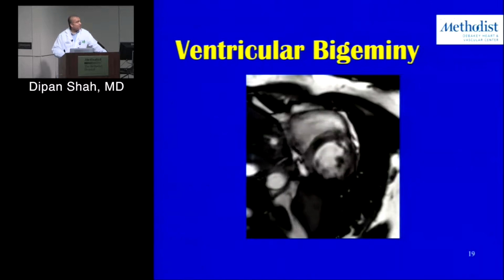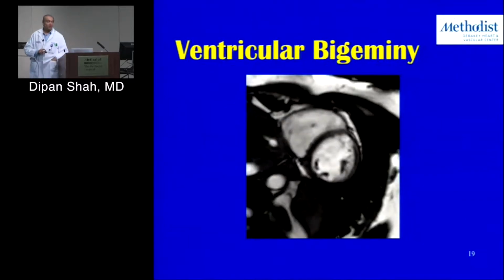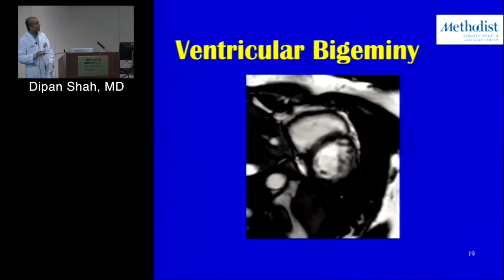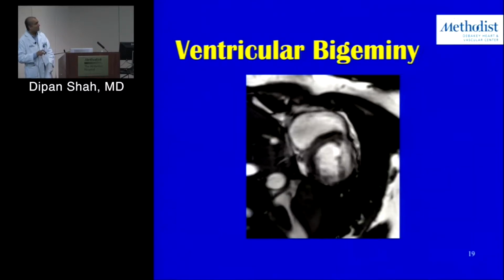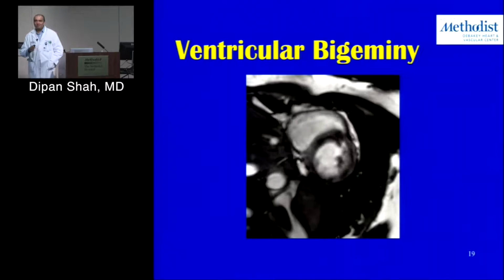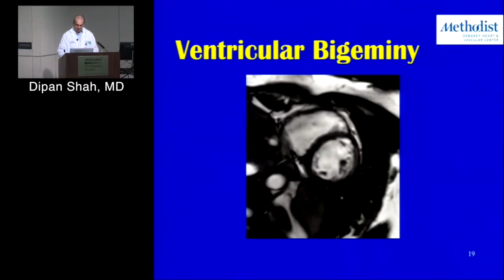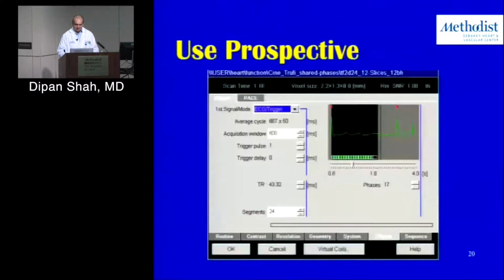Here's an acquisition. This is a patient who has ventricular bigeminy. And if you look at this image, it doesn't look so nice, does it? Right? And again, the contours look very blurry. Right? So what's a strategy you could employ here? Well, since this is a regularly irregular rhythm, you could actually fool the scanner.